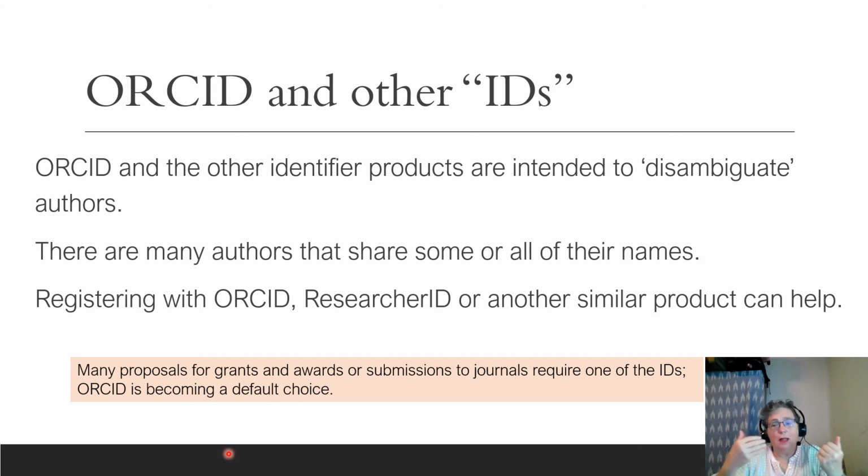One of them, the classic one, being somebody gets married, somebody gets divorced. There's lots of different reasons why somebody's name might change, but you want your authorship to have continuity. So that's an important and useful thing to have. So I recommend to everybody that they build themselves an ORCID profile.